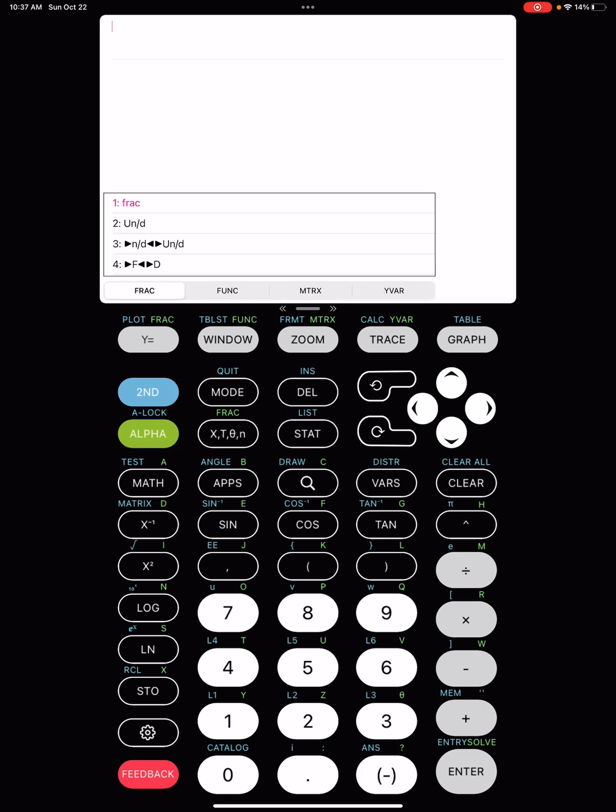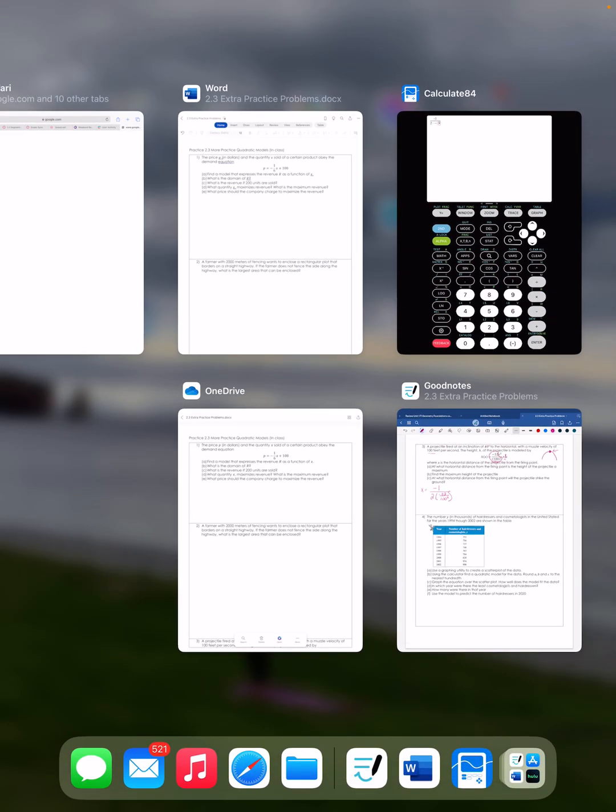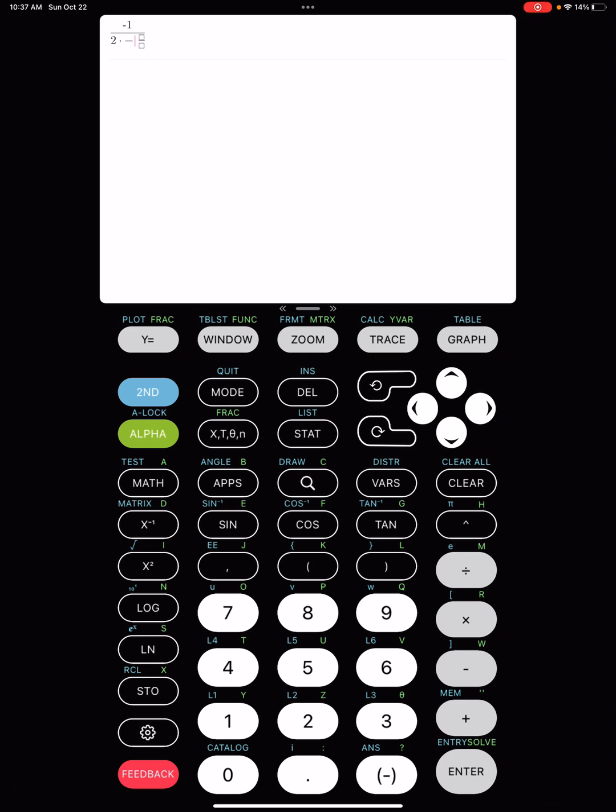So my fraction, use your fractions, is going to be negative 1 over 2 times another fraction, negative 32 over 100 squared. Press enter. I have 156.25.